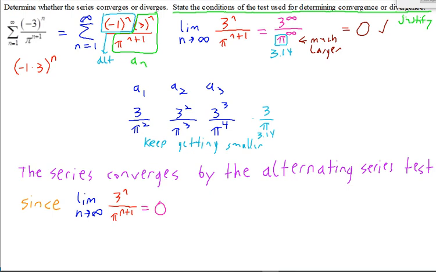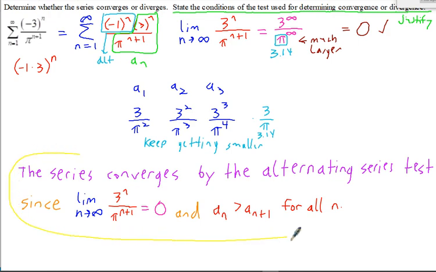And the easiest way to show that the terms keep getting smaller is to use it right from the definition of the test, that a sub n is always greater than a sub n plus 1, which is saying the first term is greater than the second term is greater than the third term, and so on. So the way you can say it for all terms is just to say for all n. That's always going to be true. Terms keep getting smaller.